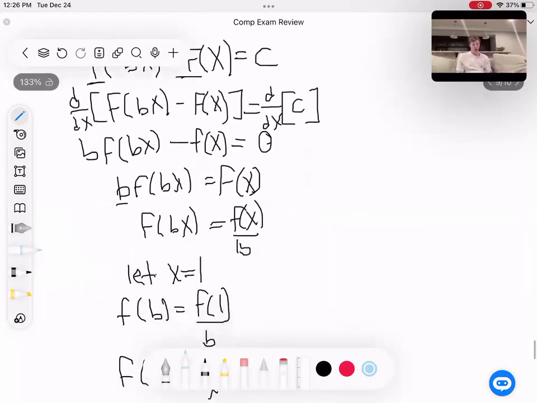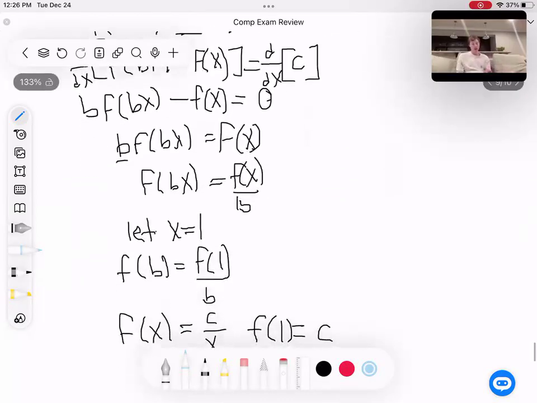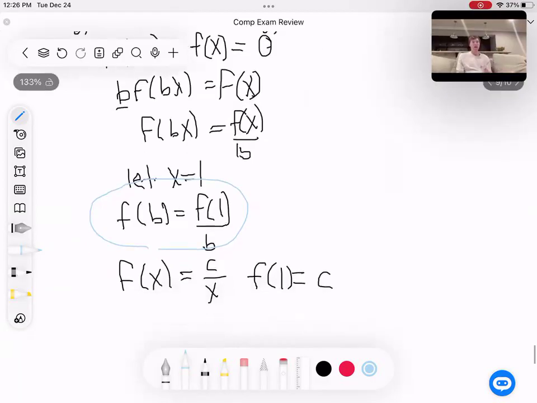Then we rewrite the equation, and again, because this is also true for all values of b, we can replace x with just 1 and get this right here. And then we can allow b to vary, so we're going to use x to signify the thing that we're letting vary, and we end up with exactly what we're trying to show.